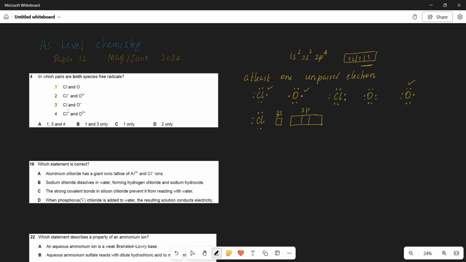So 1 2 electrons, then remaining 5 electrons, only we have 4 now. 1 2 3 4. So now you have 2 unpaired electrons. These two are not paired, they are unpaired. So Cl plus is a free radical. I hope you understand.